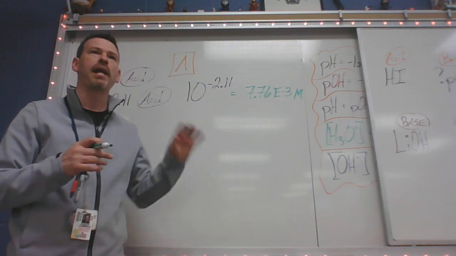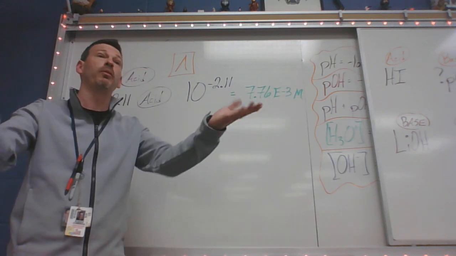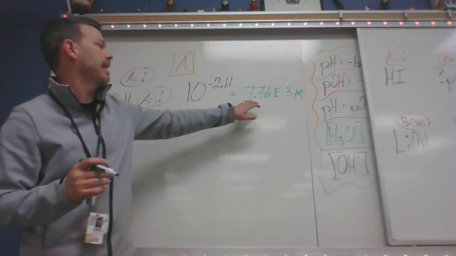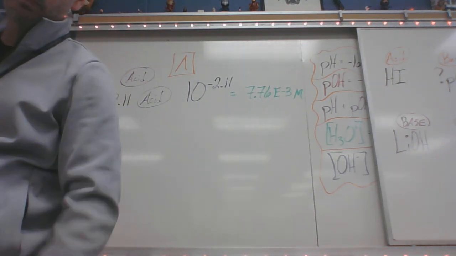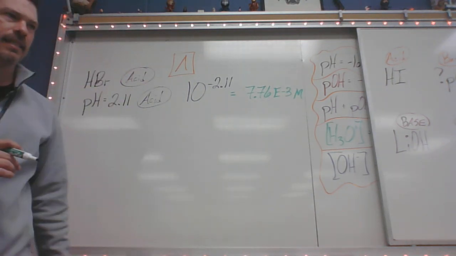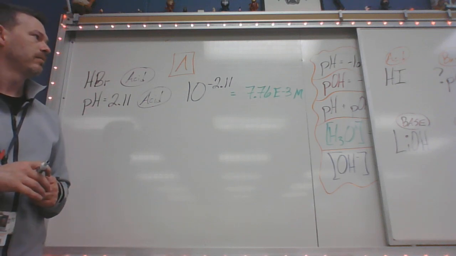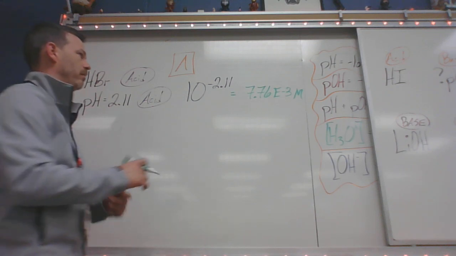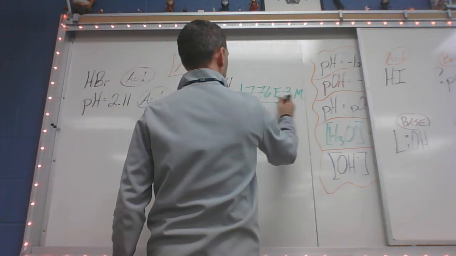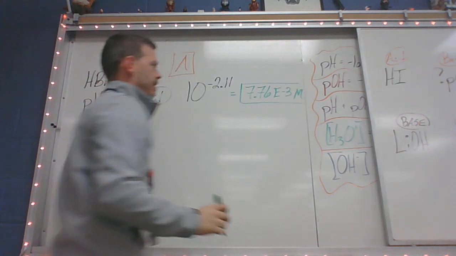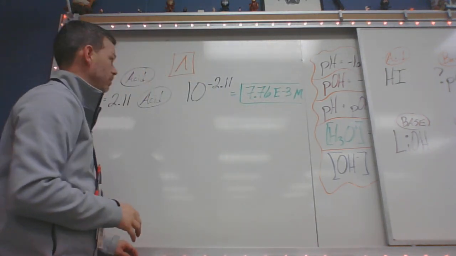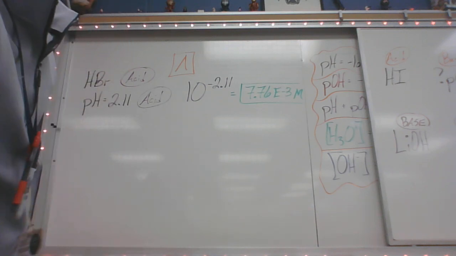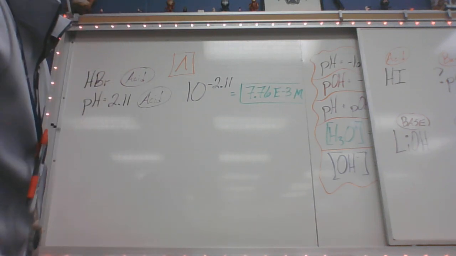I just have trouble writing leading zeros, but it would still be right. So I get 7.76 e negative 3 molar, which is the same as 0.00776. And that's the molarity. One more.